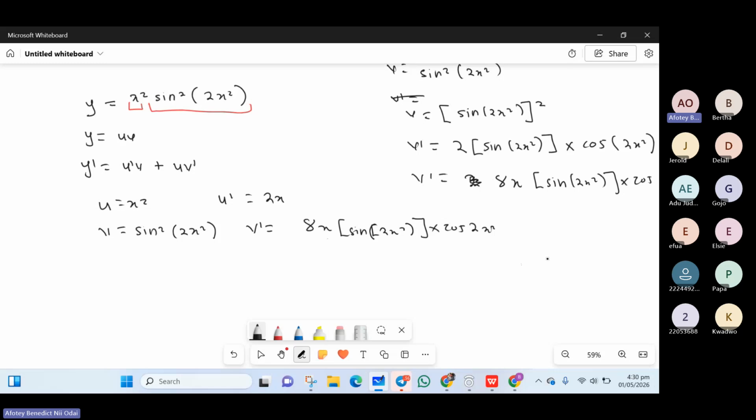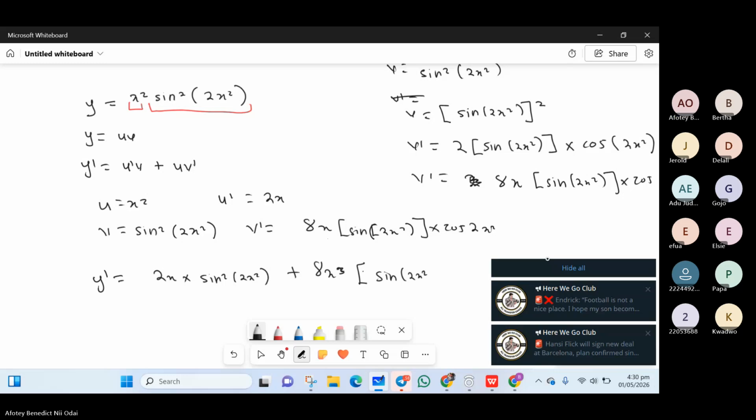Now all we have to do is make the substitution. So y prime is u prime 2x times v, sine squared 2x squared, plus u, x squared, times v prime, 8x sine of 2x squared cos 2x squared. Let's make this one 3, because x squared times x gives us x to the power 3.